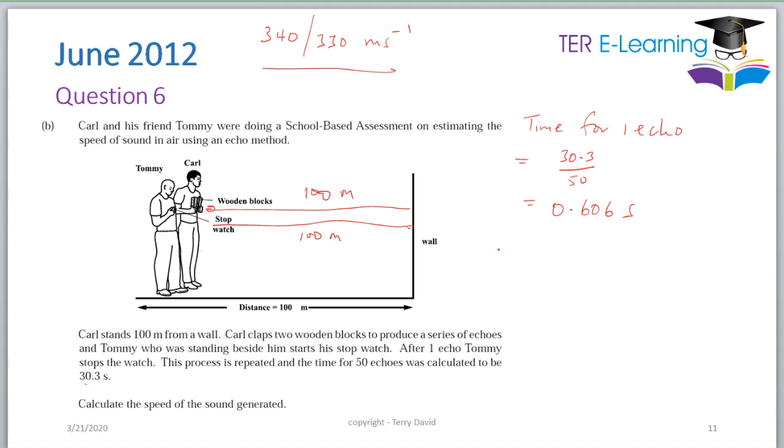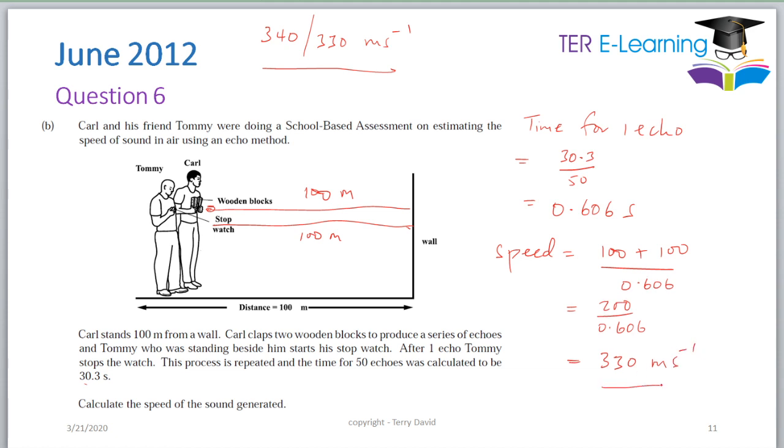So therefore, the speed of the sound will be my total distance, which is 100 to go, hit the wall, and 100 to come back. So that's 100 plus 100 divided by my time, which is 0.606, which is really 200 over 0.606. That'll give us 330 meters per second.